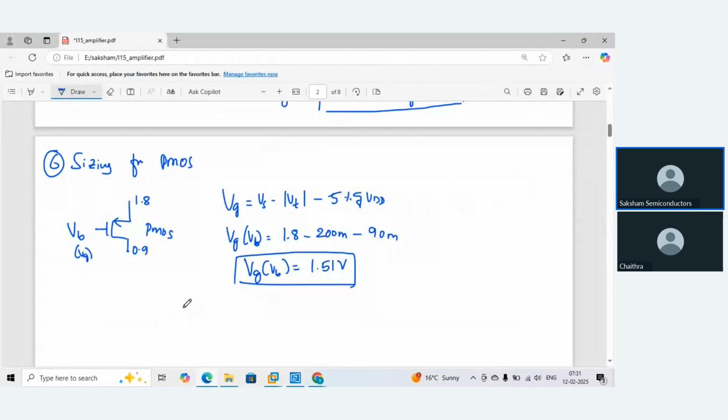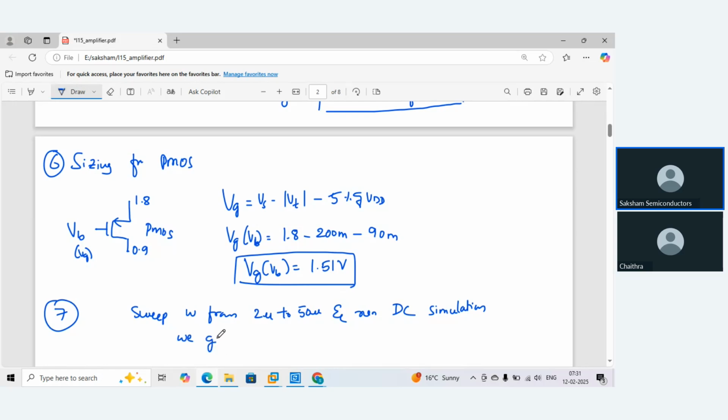So I sweep W from 2 micrometer to 50 micrometer and run the DC simulation. That will be my 7th step.